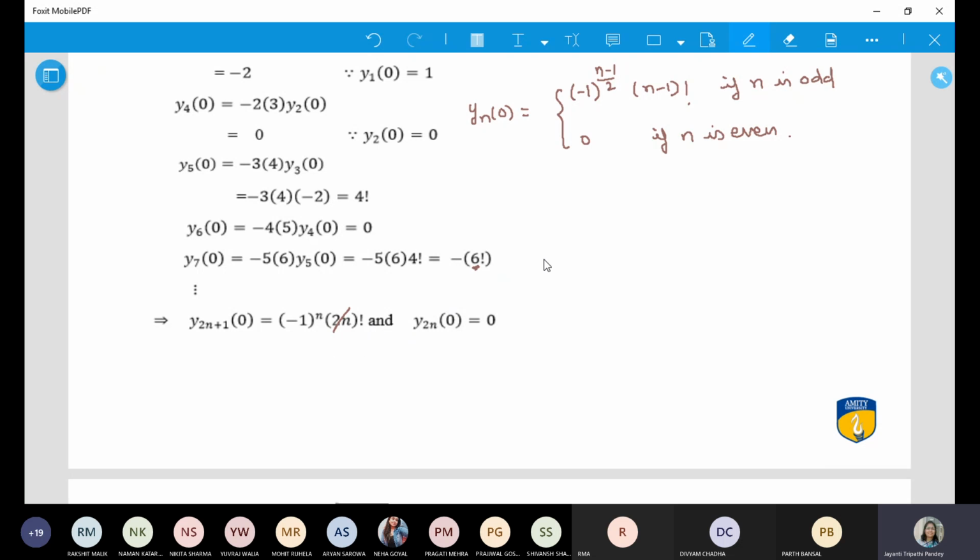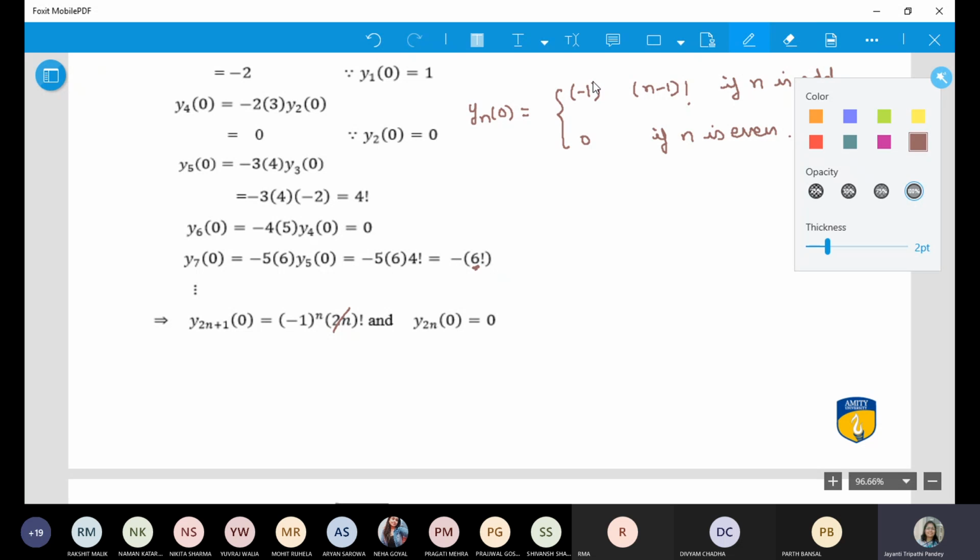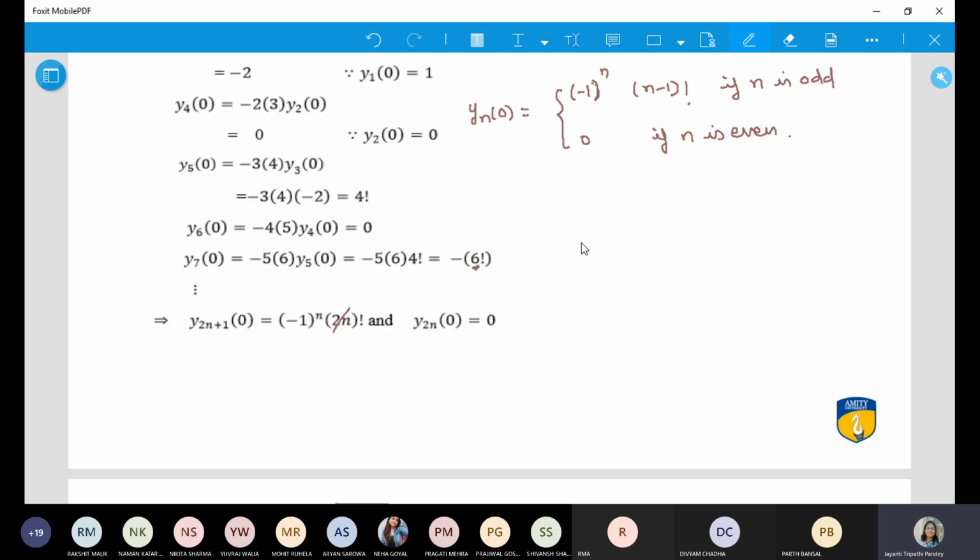Is it okay? I have problem with this minus 1. Just see what do we get. I want you to check. If I write it this, will it work? For n is equal to 1, it is minus sign. For n is equal to 3, no, it won't work.